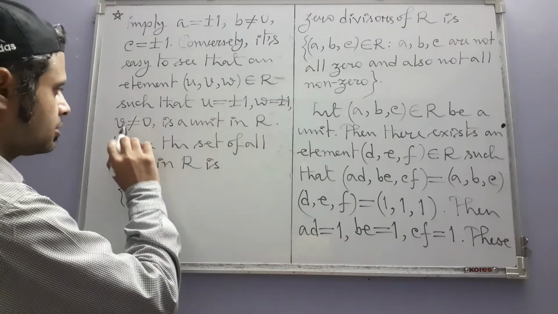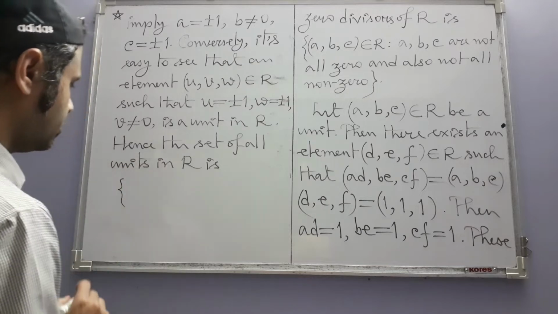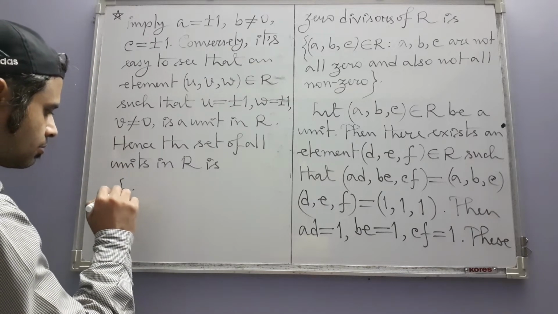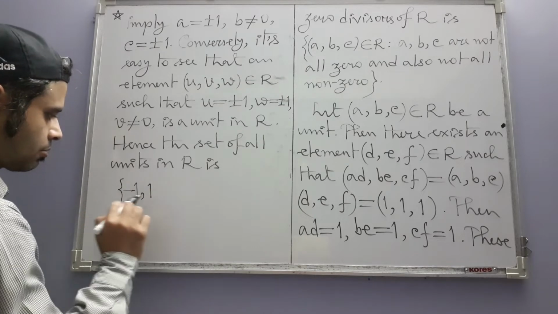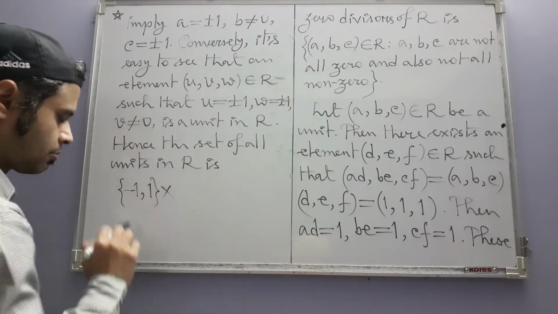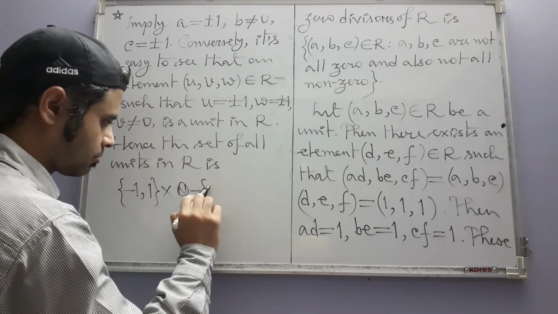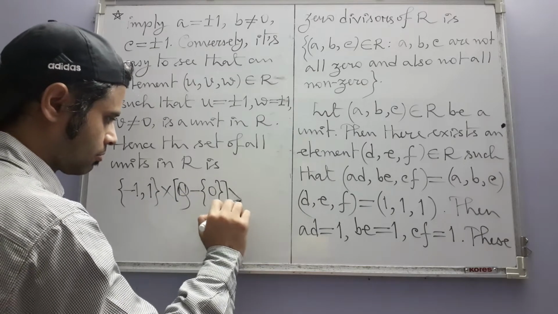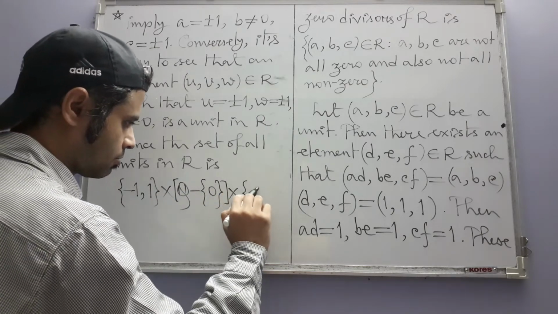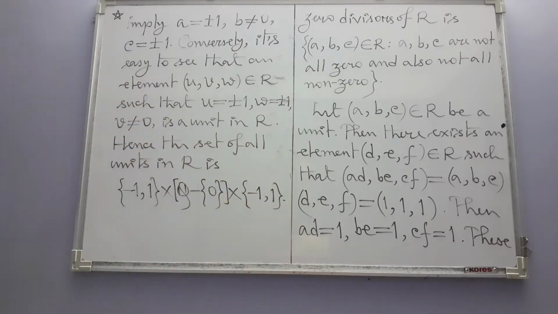So these choices are independent of one another, and that is why the set of all units is this. So this completes the solution.